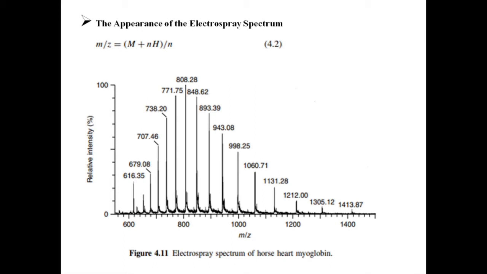The measured mass to charge of an ion is thus related to the molecular weight of the analyte from which it is generated by the following equation 4.2.